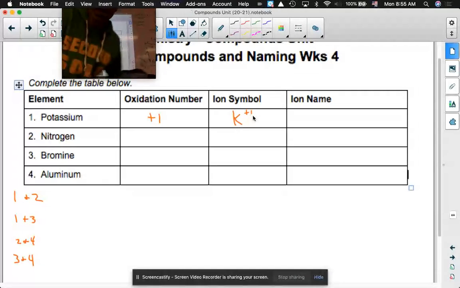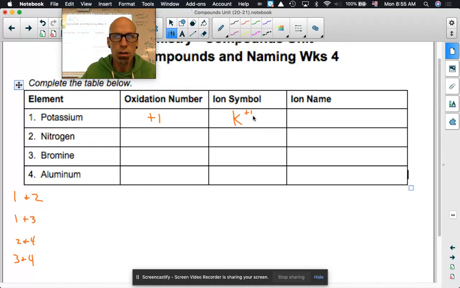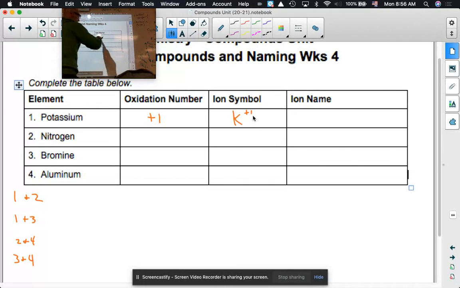Now, we did find out if you wanted to do this on the Google form and not have to actually write this in your comp book, which I'm sure some of you turned it in that way, if you use control period, I think, is superscript, and control comma is subscript, I think, if I remember correctly. So try that if you haven't. And ion name, since it's a positive one, the name doesn't change. It's just potassium.